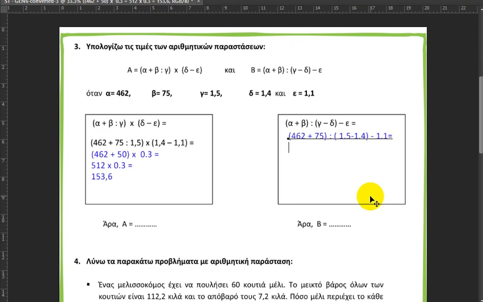All right, and this is equal to, all right, 462 plus 75 makes 537. Divided by 0.1, which is the result of this, minus 1.1.